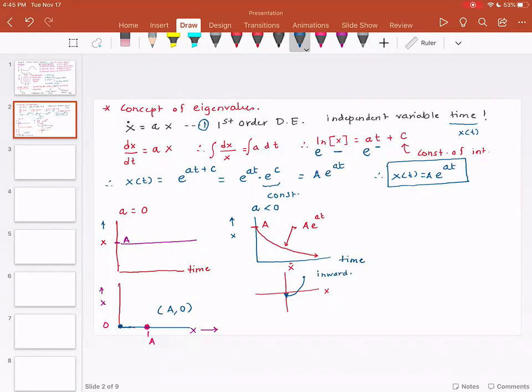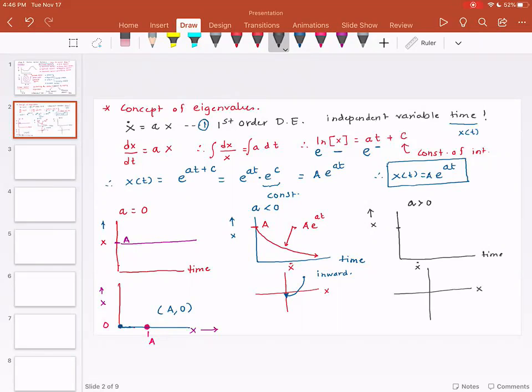Now, if you were to look at when a is greater than 0, you would start with x, and if you have time over here, I'm going to show the same plot in phase plane, x, x dot.